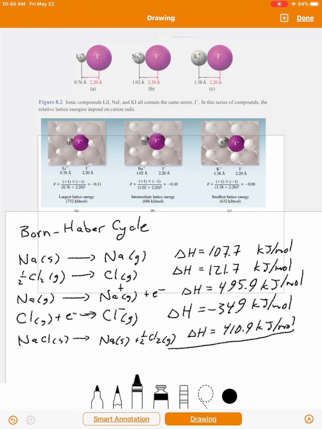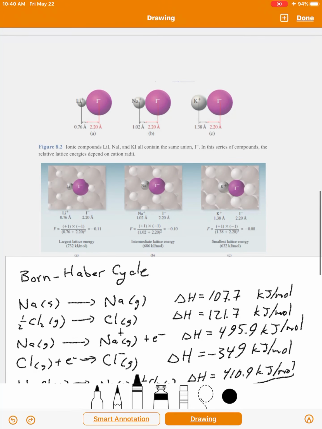If you take a look at the second picture down at the bottom, what it shows you is that in fact these ions we're talking about, whichever ones, are not just attracted to one ion. They're attracted to lots of ions.